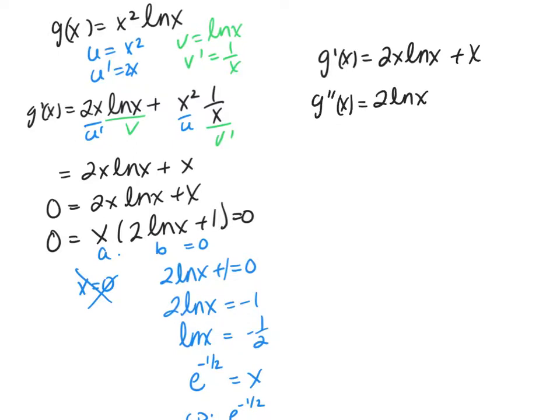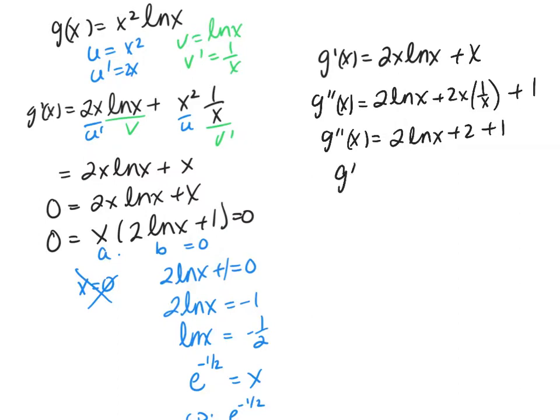Then the derivative of the natural log of x times 2x is 2x multiplied by 1 over x, and then just 1. So g double prime of x is equal to 2 times the natural log of x, plus 2, plus 1. G double prime of x is equal to 2 natural log of x plus 3.